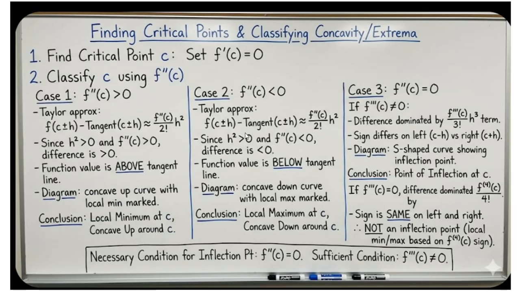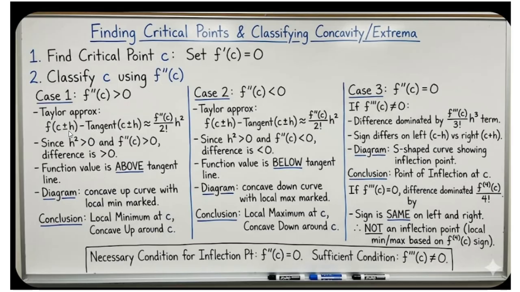The contribution of the other terms to the sign of the difference is negligible; the sign is dominated only by this term. You can check with an example, no problem.